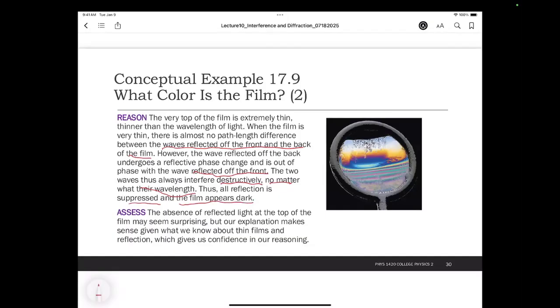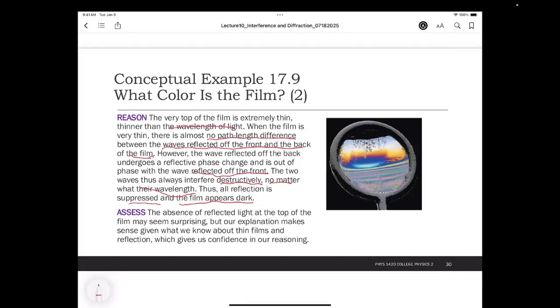That makes sense to you because the film is extremely thin, thinner than the wavelength of light. When the film is very thin, we can ignore the path length difference, just like what we talked about in the quick check question.